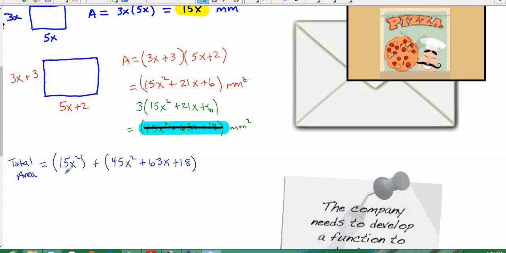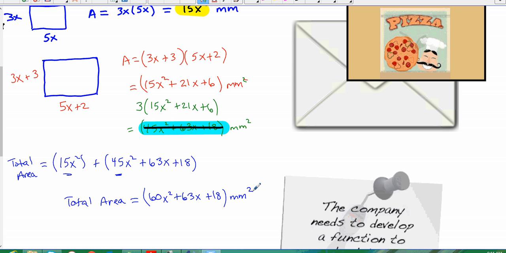Adding these together, I'm really only combining two like terms here. I find out that my total area or materials needed is represented by 60x squared plus 63x plus 18, and remember that this is area, so put parentheses around it, millimeters squared.